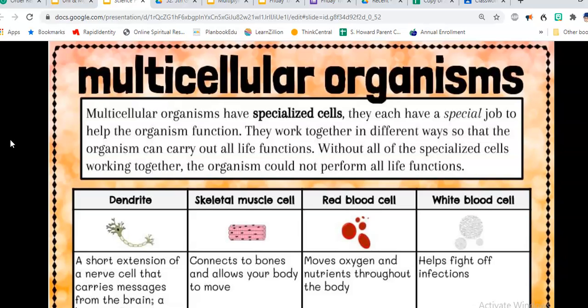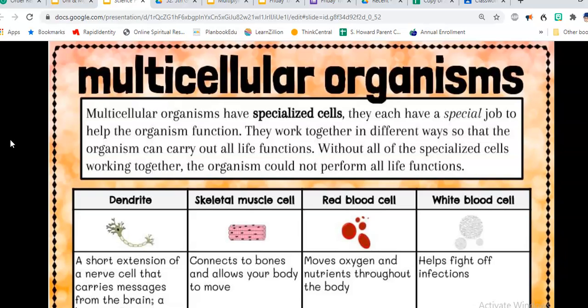Okay, so the first type of specialized cell that a multicellular organism would have is something called the dendrite, and that's also known as a nerve cell, a short extension of a nerve cell that carries messages from the brain, a brain cell. And then we have skeletal muscle cells, and they look completely different than the dendrite because they have a different job to do.